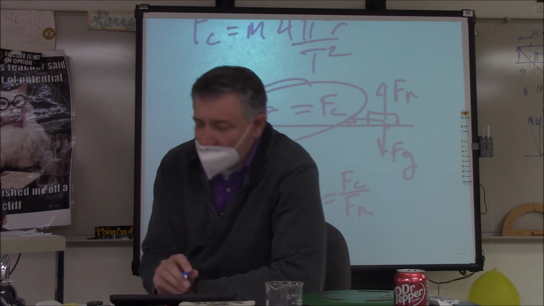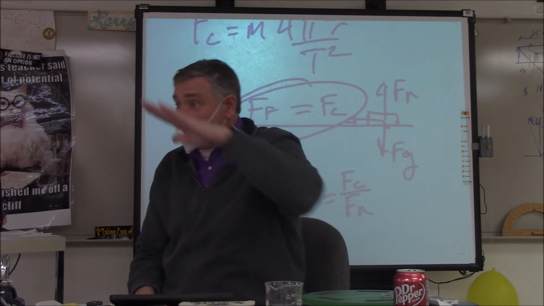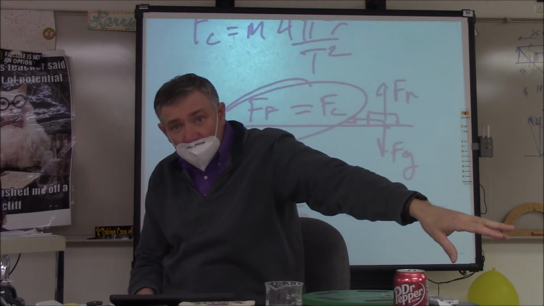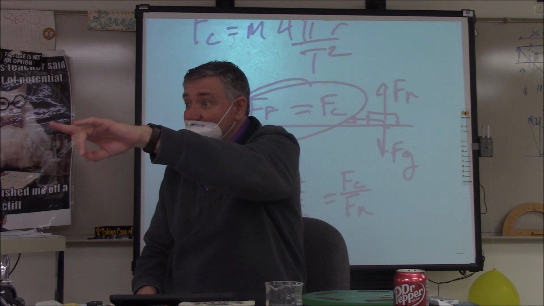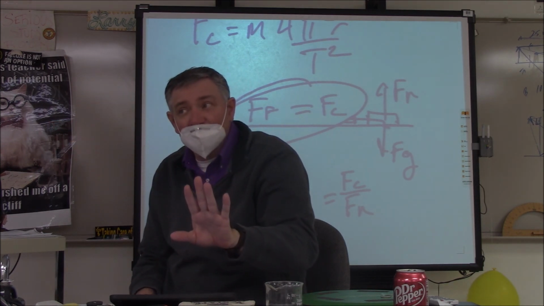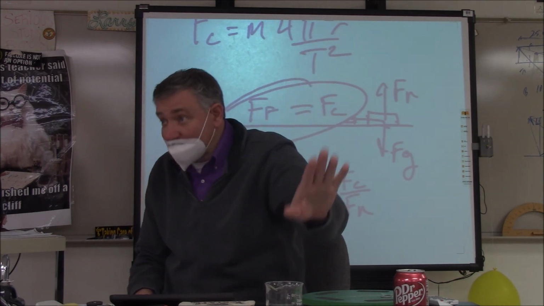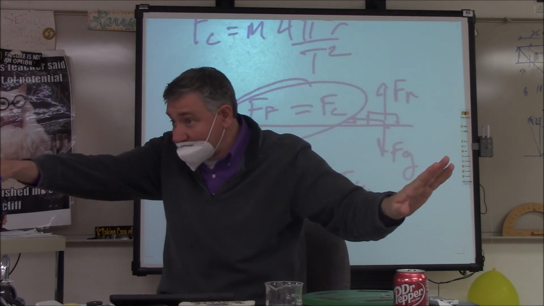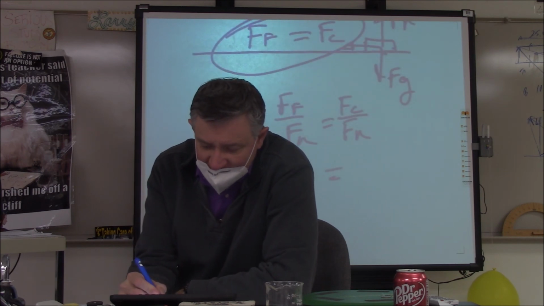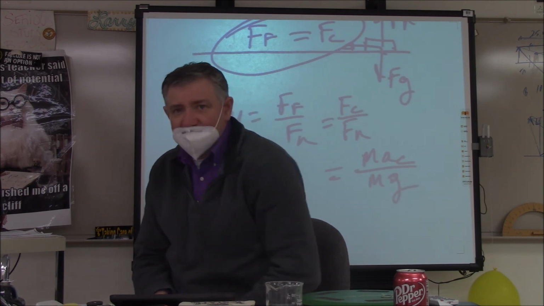Now, because I'm on a flat surface, not on an incline, what does your normal force equal? It doesn't equal 9.8, but it equals the weight, right? Which is going to be mass times 9.8 meters per second squared. So on a flat surface, that's going to be mass times my centripetal acceleration divided by mg.